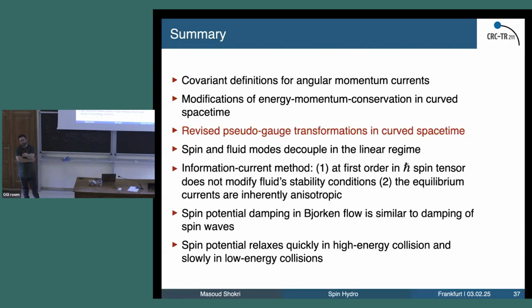What you actually calculate is a second order coefficient, but not necessarily the relaxation time. Yes, I understand, but I say that you do a gradient expansion. Yes, so you're assuming this is that.